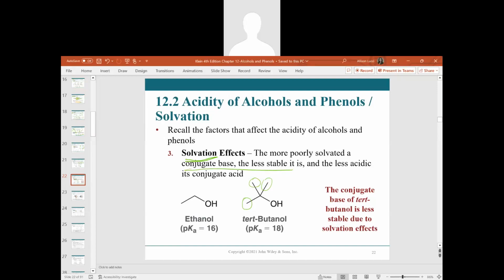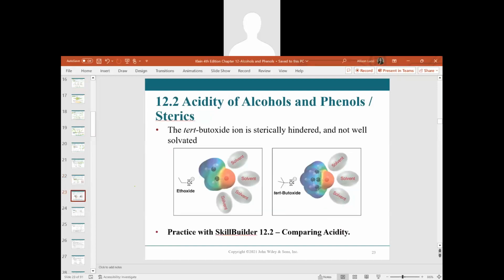alkoxide ion upon deprotonation, so that we can see here ethanol, this ethoxide after deprotonated form of ethanol, is much easier to be solvated because it doesn't have these bulky methyl side groups. So the solvent is able to stabilize that conjugate base better.